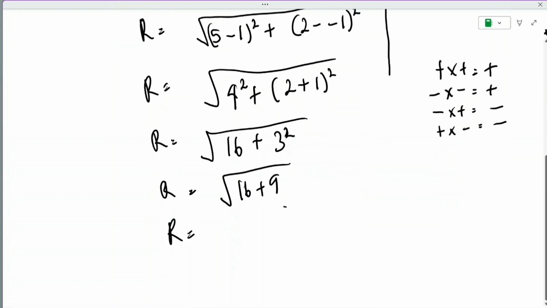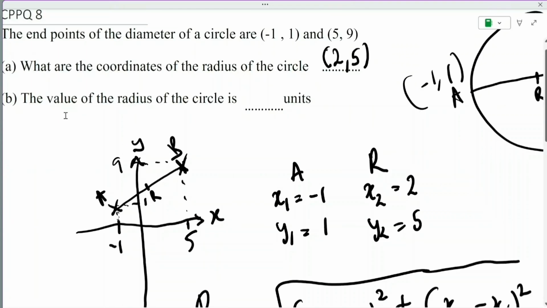R equals square root of 16 plus 9 is 25. R equals square root of 25 is 5. So the value of the radius is 5 units. Therefore, the answer to B, which is the value of the radius of the circle, is 5 units.